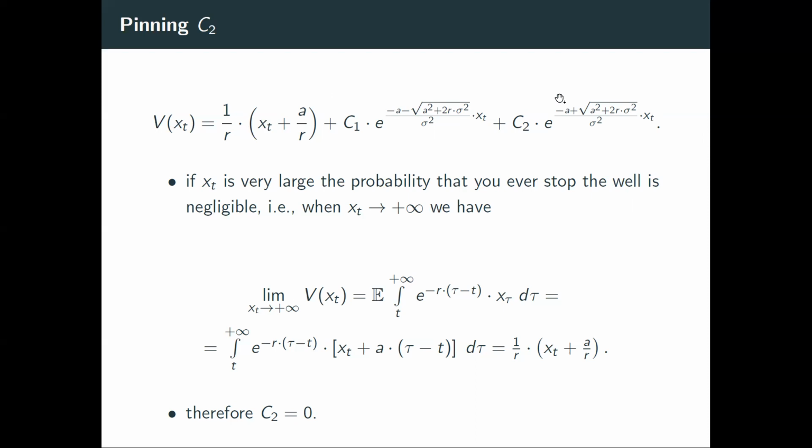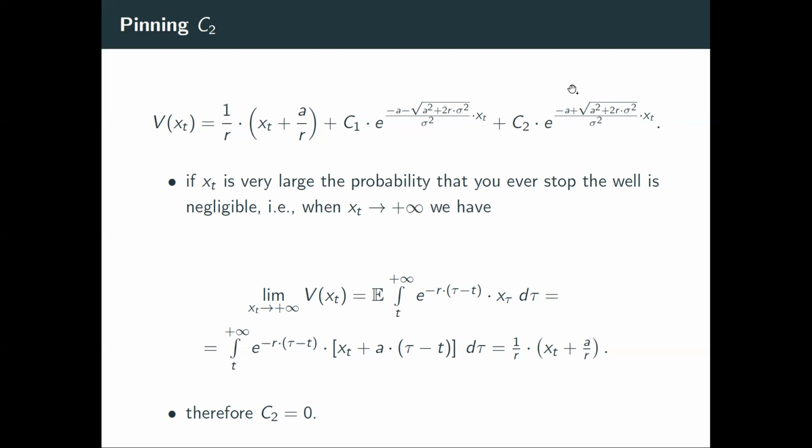Here, actually, it turns out that this number is positive, because the number here is larger than minus 8. Therefore, when xt approaches plus infinity, this whole term multiplied by xt approaches plus infinity as well.